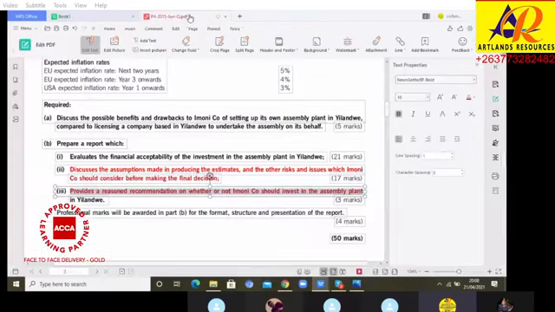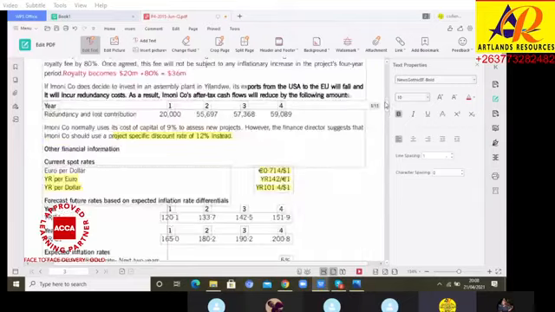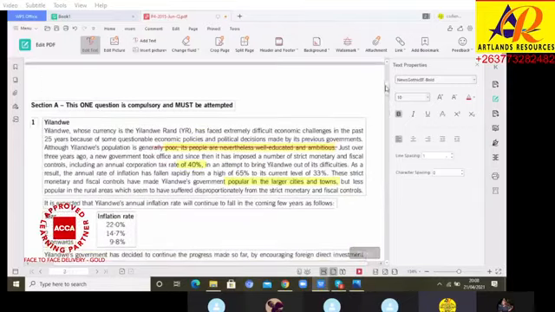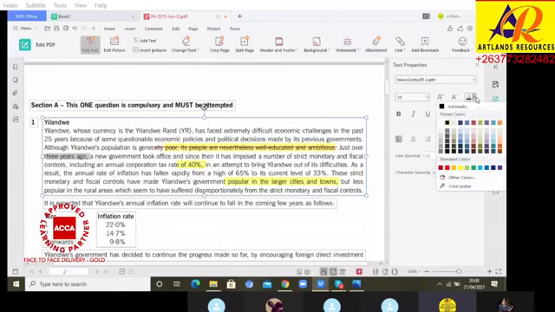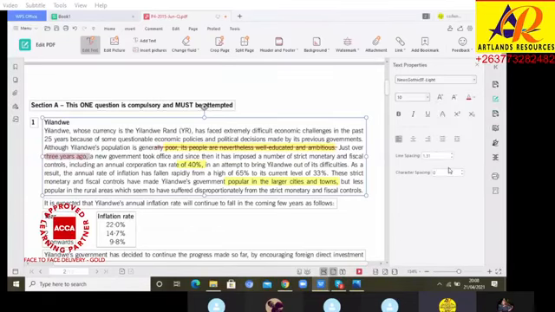Notice here, this current government was elected 3 years ago. No wonder I said all this information is relevant. Don't leave it out. The government was elected 3 years ago, but the project has a life of 4 years. So are we then saying this government will last for 7 years?